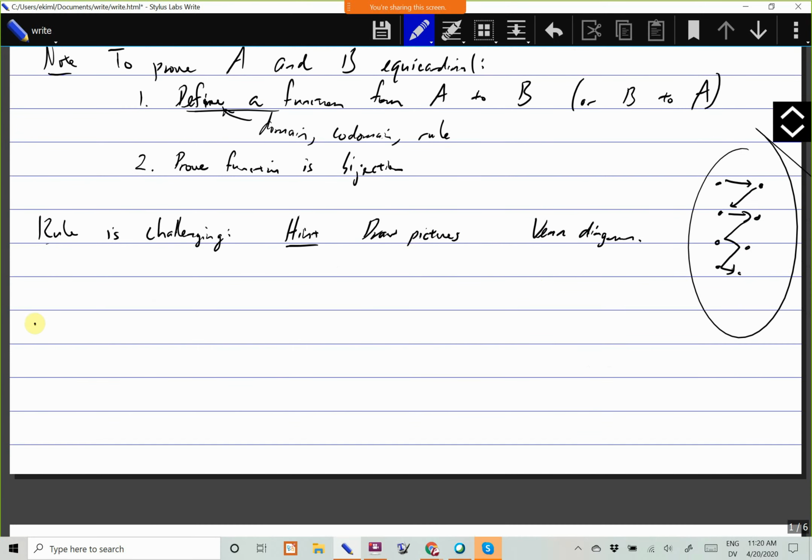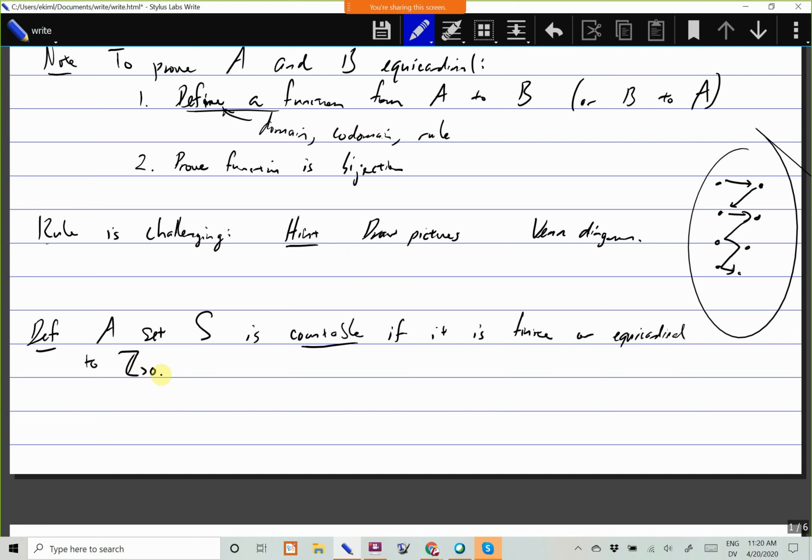We had last time seen this definition. A set S is countable if it is finite or equicardinal to the set of positive integers, and a set that is not countable is called uncountable.